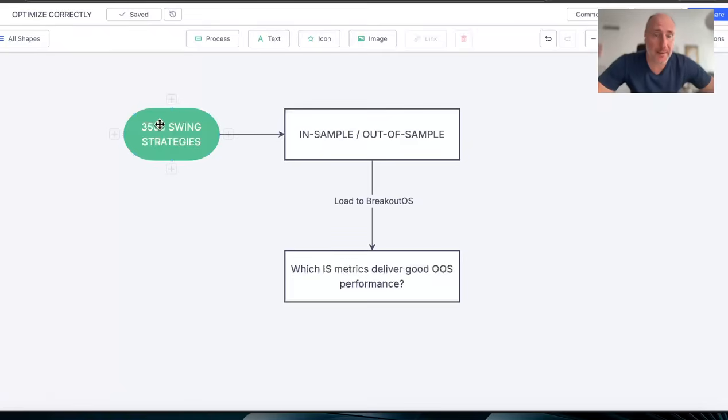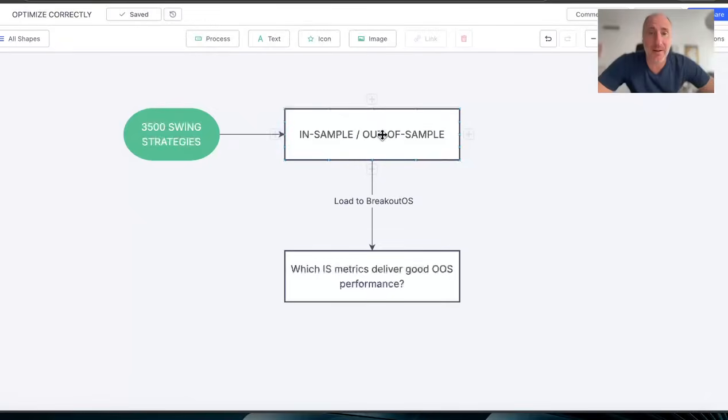Okay, let's get back. So now we know that we have 3,500 strategies. I exported these strategies in sample and out of sample. That means the optimized part of data, and the unoptimized part. For each strategy, I split the data into 70 or 80% in sample, which is the piece of data used to optimize, and the rest was so-called unseen data, out of sample.